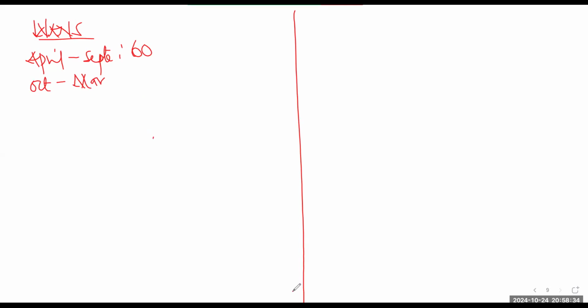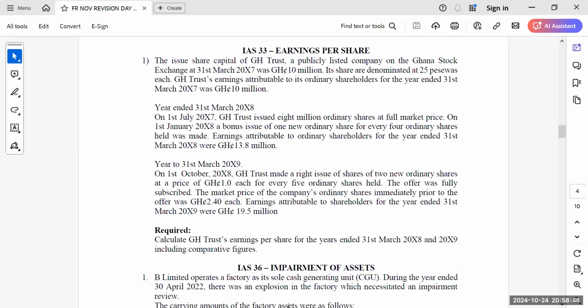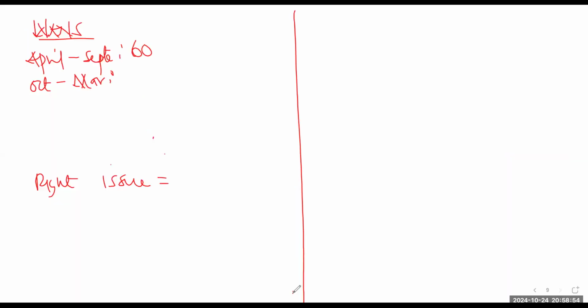Yes, sir. What is the rights issue proportion? 2 ordinary shares for 5, at the price of 1 cedi. So 2 for 5 is the same as 2 over 5 multiplied by the shares that we have, isn't it? Yes, sir. 2 over 5 multiplied by 60.